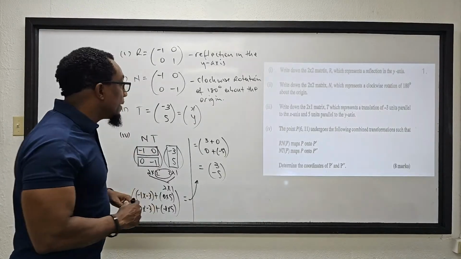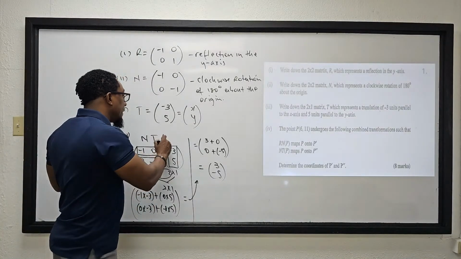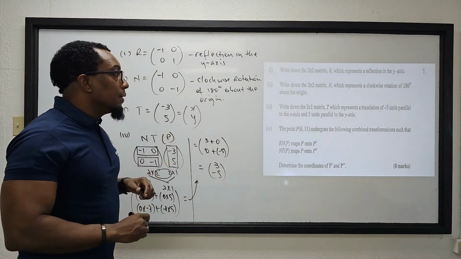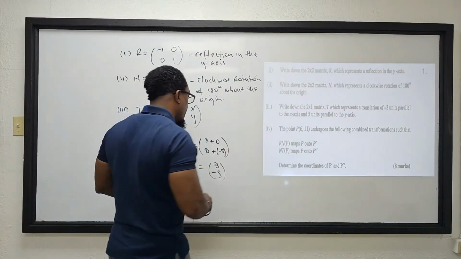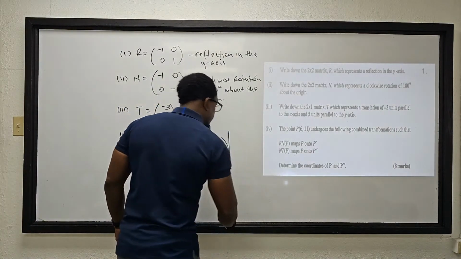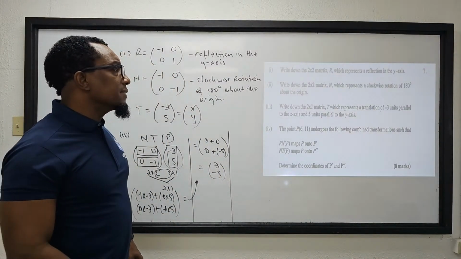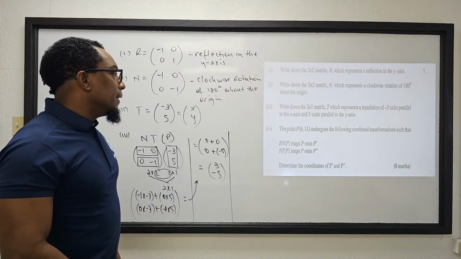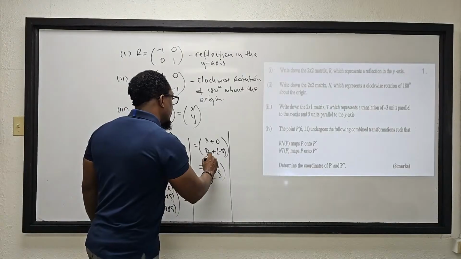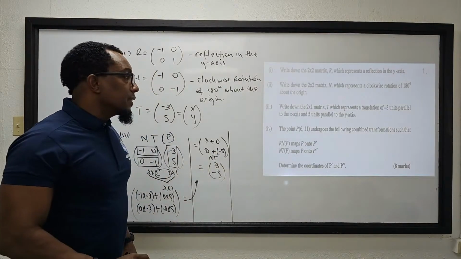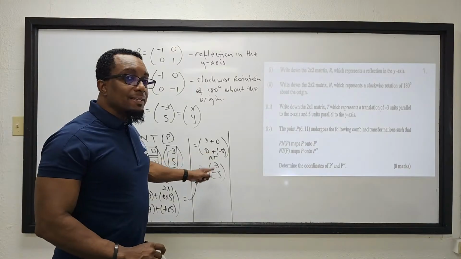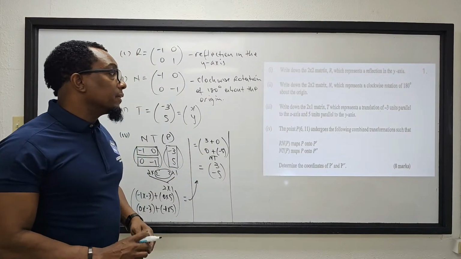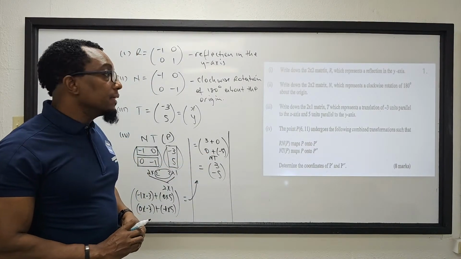So this NT representing P, you want to map that onto P double prime. To do so, we are going to take P whose coordinates are 6, 11, and NT, this is the combined transformation NT. For us to map P onto P double prime, it means we have to add this 2 by 1 matrix to P to give us P double prime.